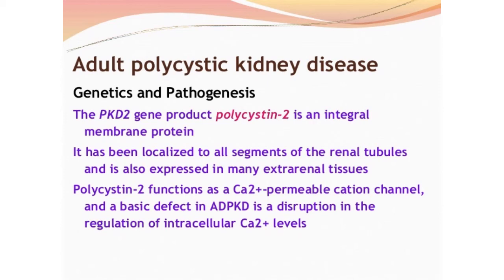It has been localized to all segments of the renal tubules and is also expressed in many extrarenal tissues. Polycystin 2 functions as a calcium permeable cation channel, and a basic defect in this PKD disease is a disruption in the regulation of intracellular calcium levels.